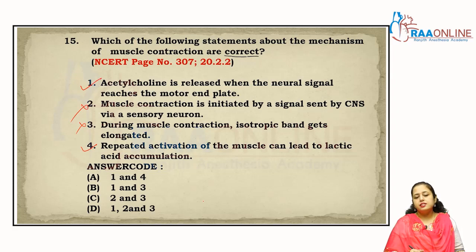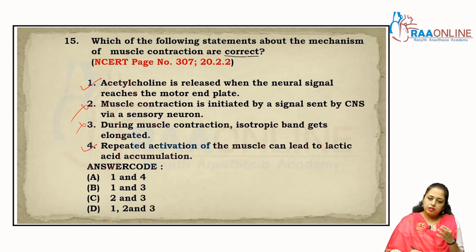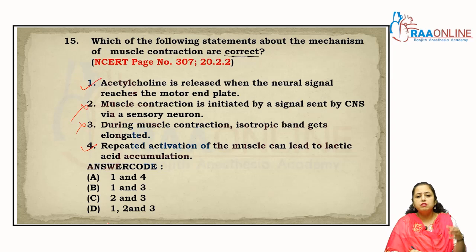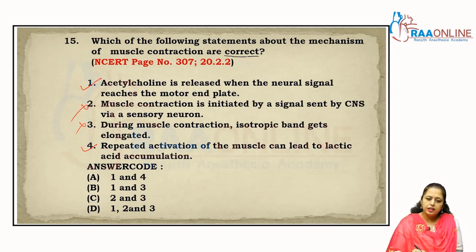These lactic acids are deposited in the muscle cells and give a stony hardness, and gradually it converts into glycogen. That is a very painful condition, the deposition of lactic acid. We are not able to move our limbs at that time. So statements 1 and 4 are correct and the rest are wrong. So the answer is 1 and 4.